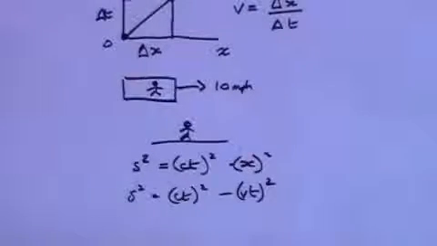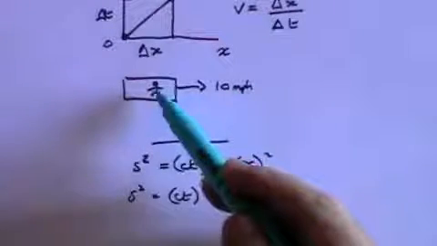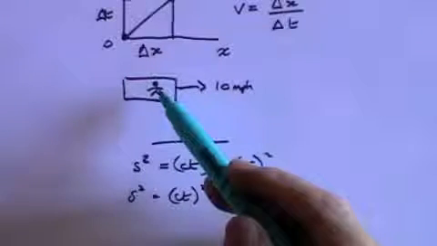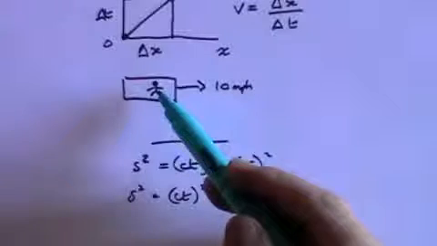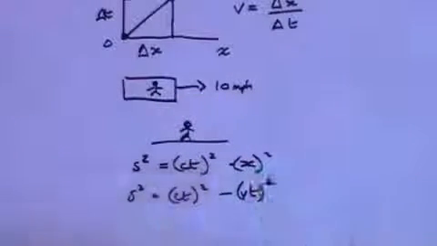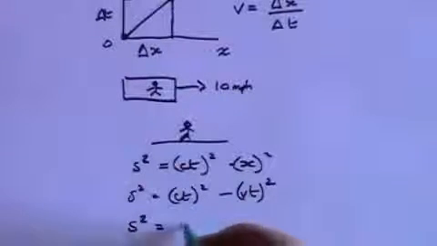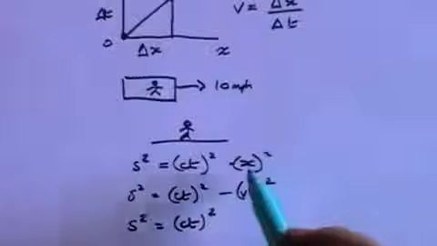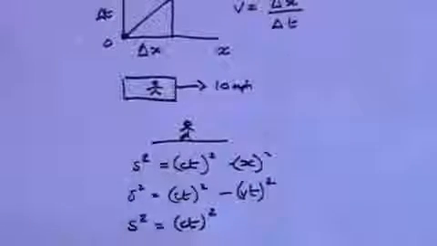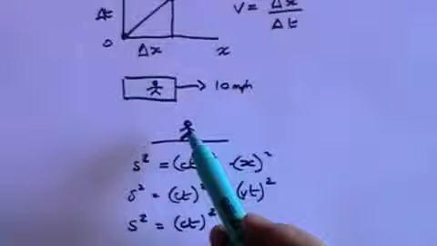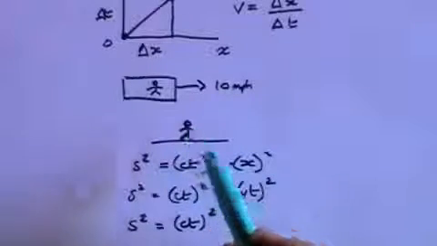Now let's consider things from my point of view sitting in the car. Remember, I am stationary in the car, so in my frame of reference I am not moving. As far as I am concerned, x is 0. And so I say s squared is ct squared. There is no x component because I'm not moving. The person by the roadside, however, measures the fact that I am moving. He measures a velocity v prime and a time t prime.